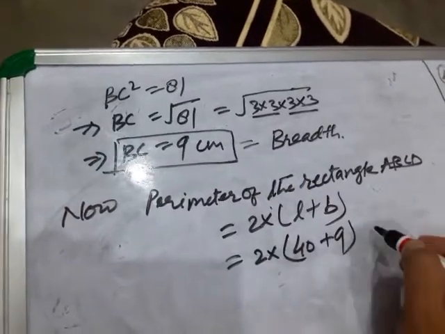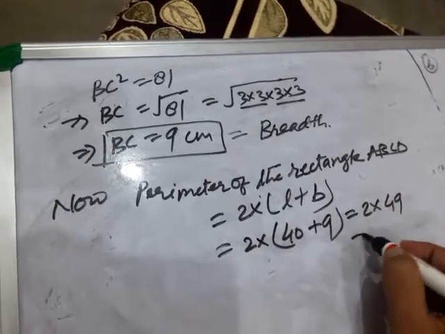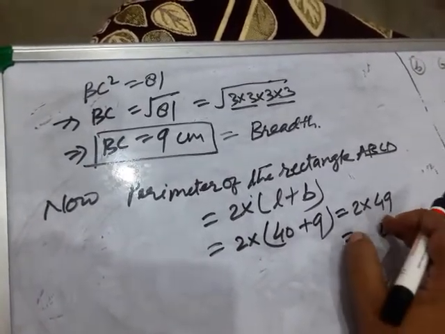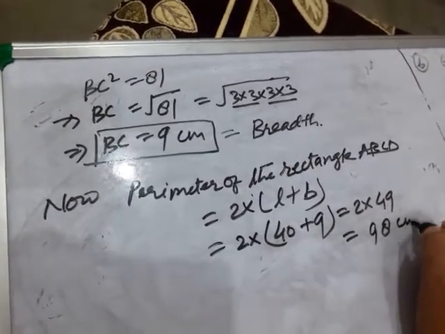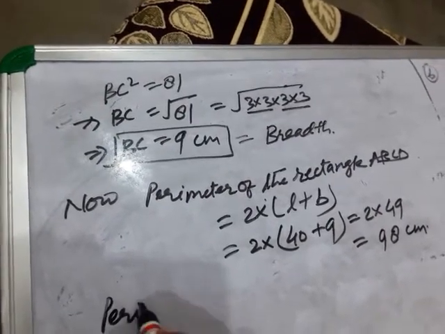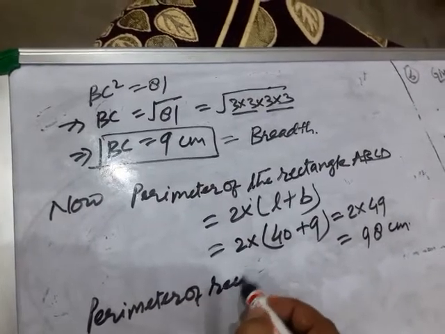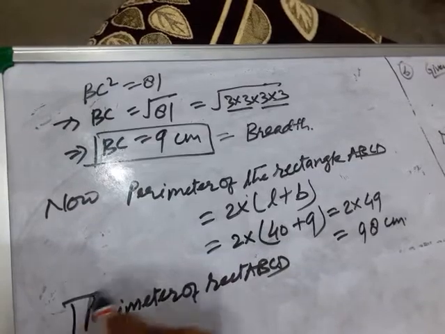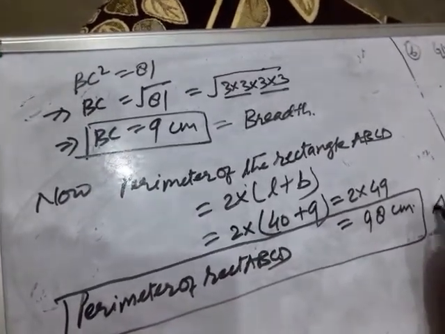Now solve it: 2 into 49. 2 nines are 18, 1 carry over, 2 fours are 8 and 1, that is 98 centimeters. So the perimeter of rectangle ABCD equal to 98 centimeters we have found out.